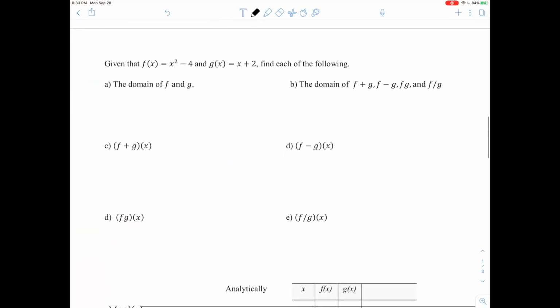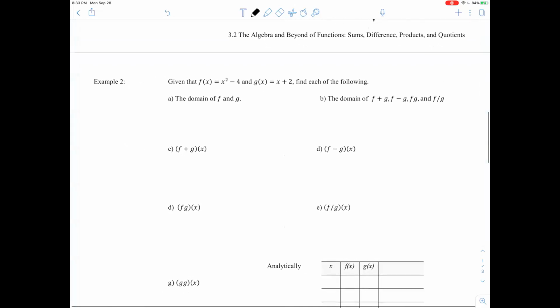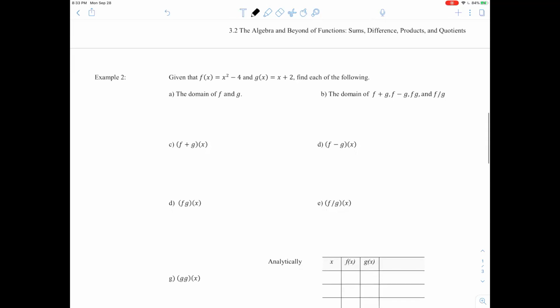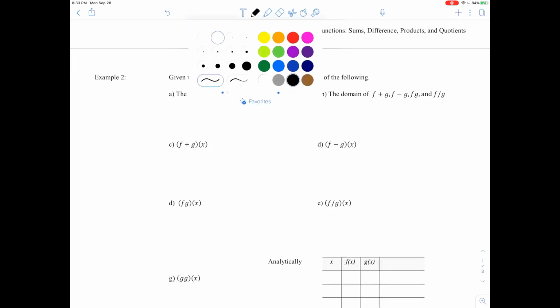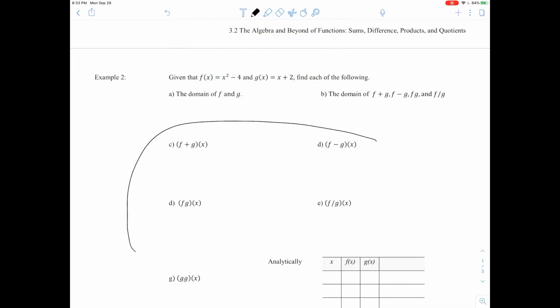So here on the back side, we're just going to do this algebraically, and I did make a video of the analytics and the graphs of these four functions. So if you wanted to look at how I was adding, subtracting, multiplying and dividing them, you should take a look at that video, because I would challenge you to actually think about what we're doing here when we're going beyond just the algebra.